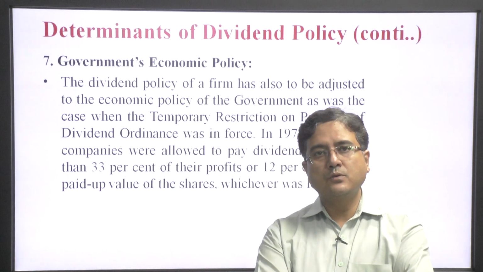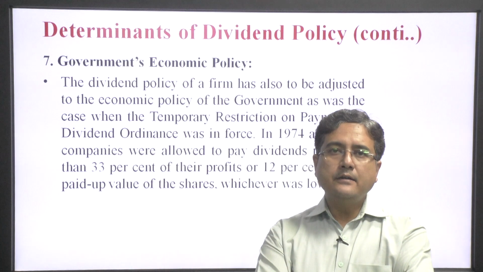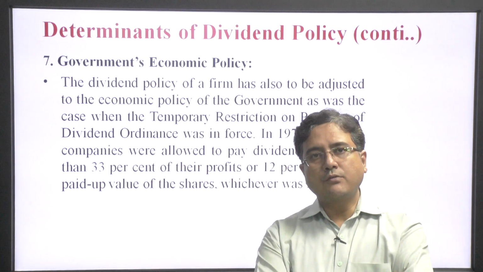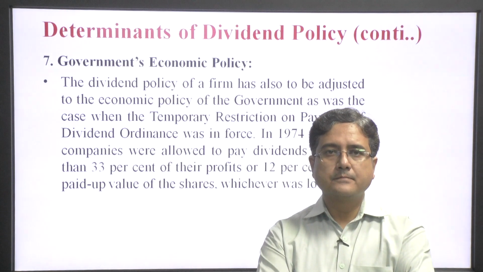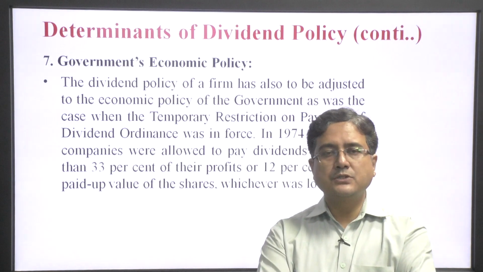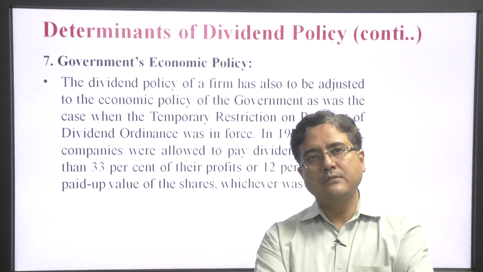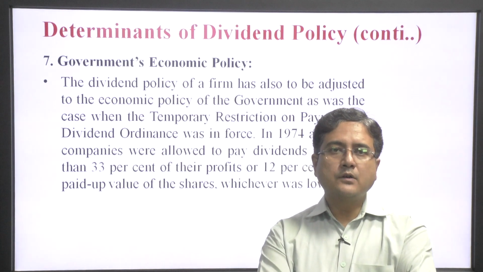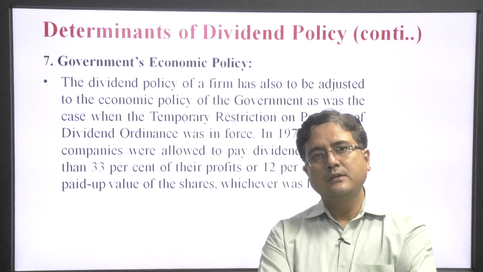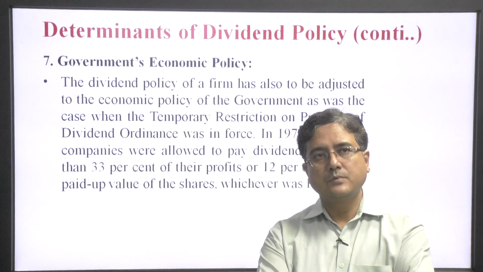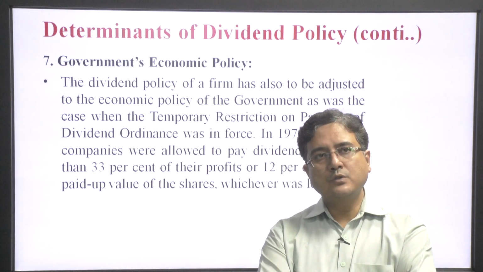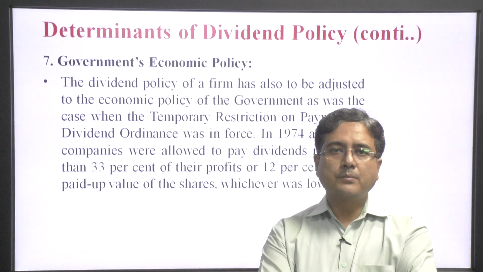The Ministry of Corporate Affairs looks after these things, and SEBI, from 1992, looks after the matters of how much percentage, what the cap is, and the functioning of the various companies. All of these are part of the functioning of SEBI. Therefore, dividend policy is also impacted by government economic policies.